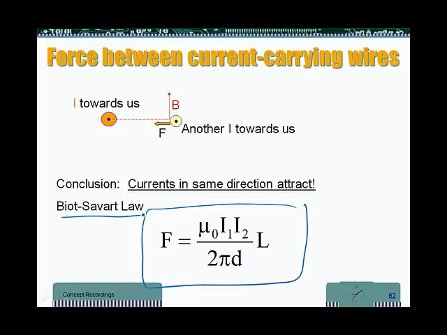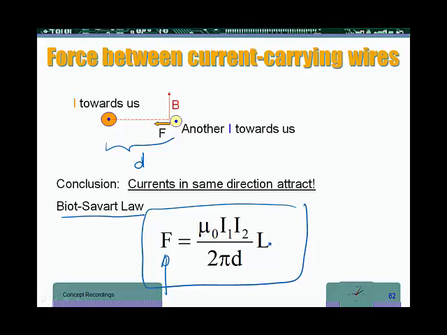It is mu0 I1 I2 L over 2 pi d, where d is the separation of the wires, I1 the current in wire 1, I2 the current in wire 2, L is the length of wire. If we are calculating the force on wire 2, it's going to be L in wire 2. If we are calculating the force on wire 1, it's going to be L on wire 1.